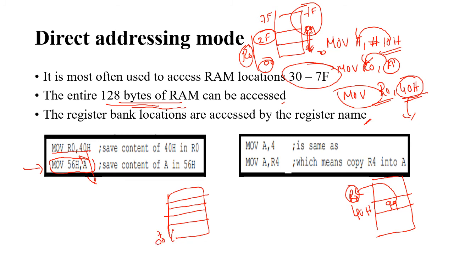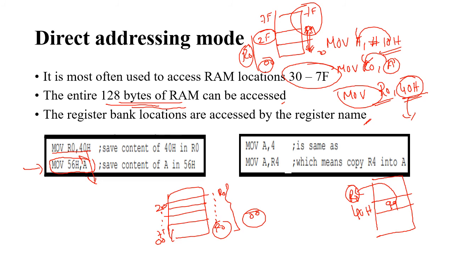Each memory location has some name. It can be accessed either by R0 or directly by the address. Both the things are possible.